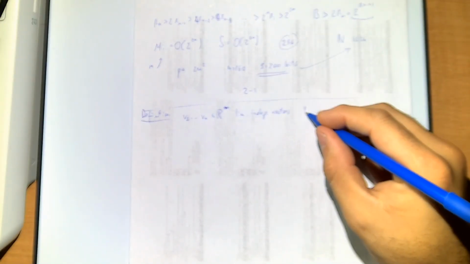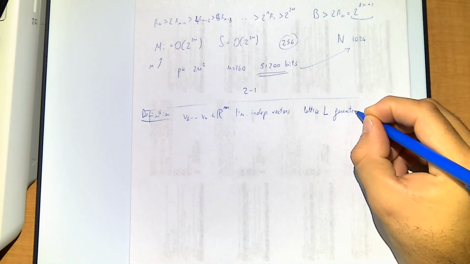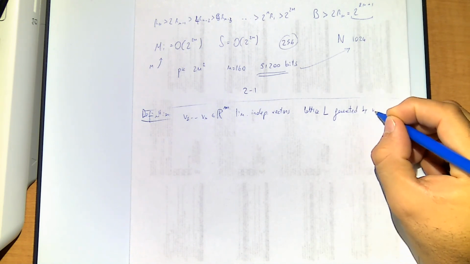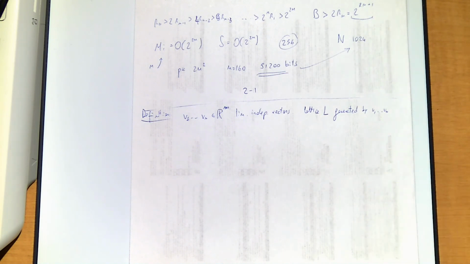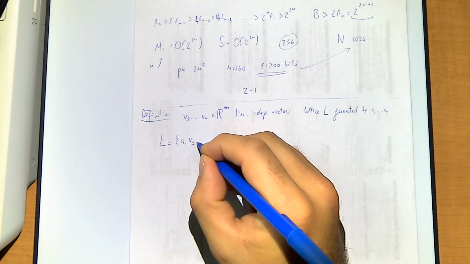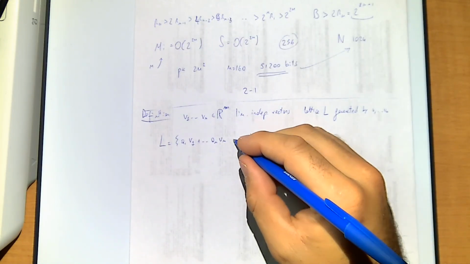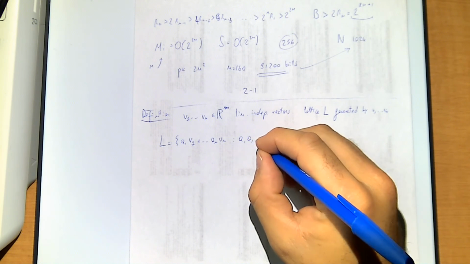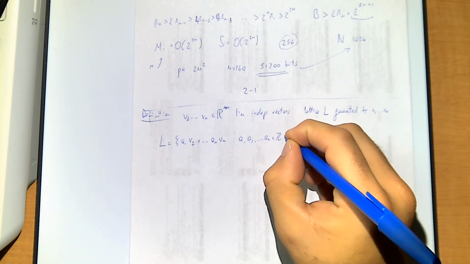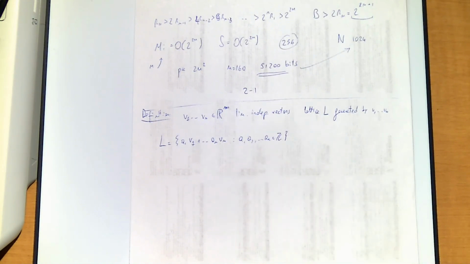Then the lattice L generated by v1, ..., vn is exactly the set L equal to a1 v1 plus ... plus an vn, so that these a's are integers. We already saw this in 2 dimensions. Now I can say it's in n dimensions.